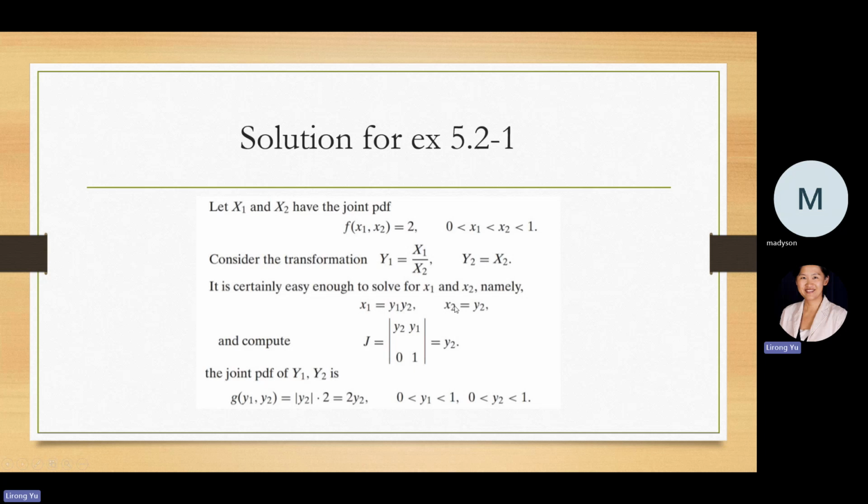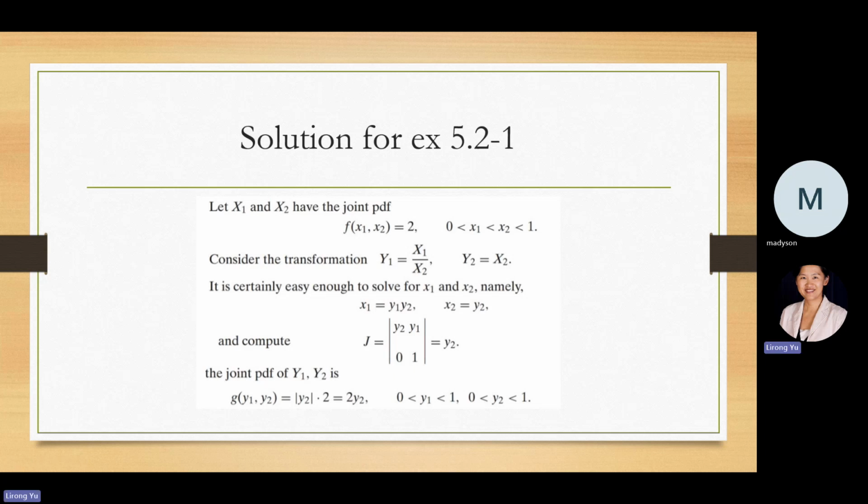So below we have the x1, x2, that was the inverse transformation. You can calculate x1, x2 using y1, y2. I constructed the Jacobian, which is y2. So the original density 2 has to be multiplied by y2 to get our density function. And that is the joint density of the two.